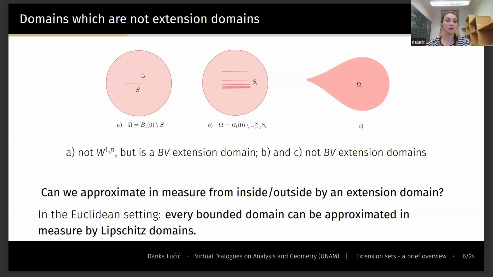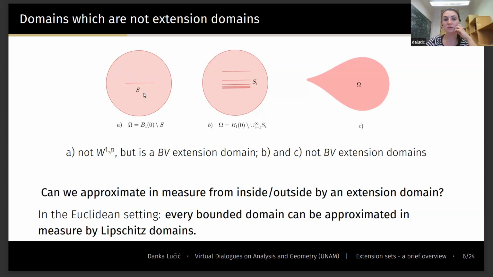To see that this is not W^{1,p}, you can take a function which equals 1 up here and equals 0 below, and you can make it such that it is in W^{1,p} of omega itself. But if you want to extend such a function, it will necessarily have a jump when you look at curves passing from one side to the other. And this says that it cannot be extended to a function in W^{1,p} of the whole space.